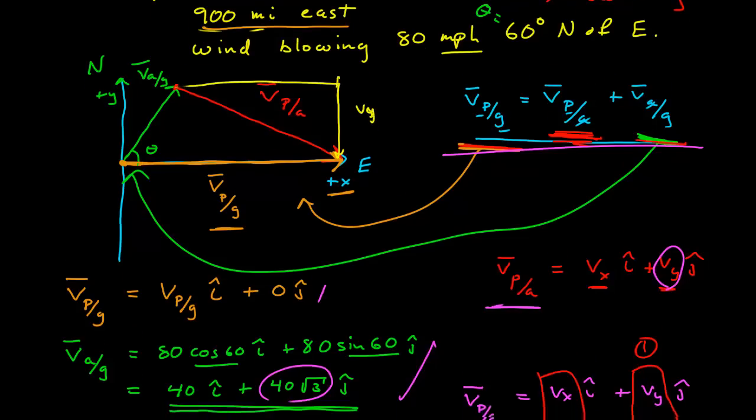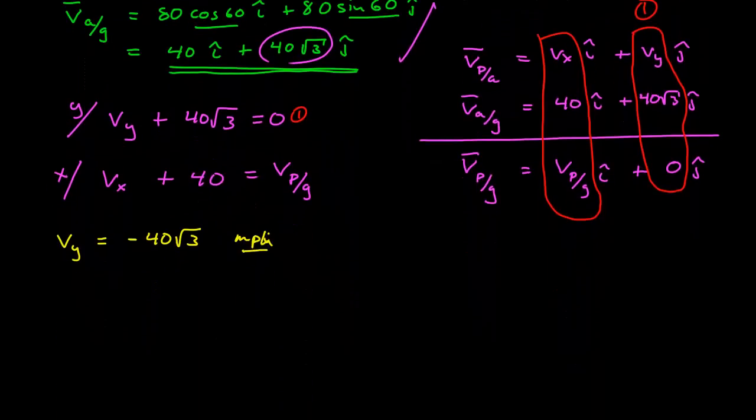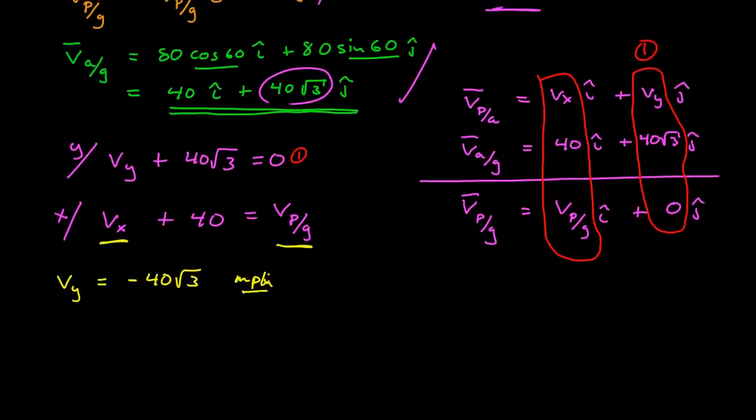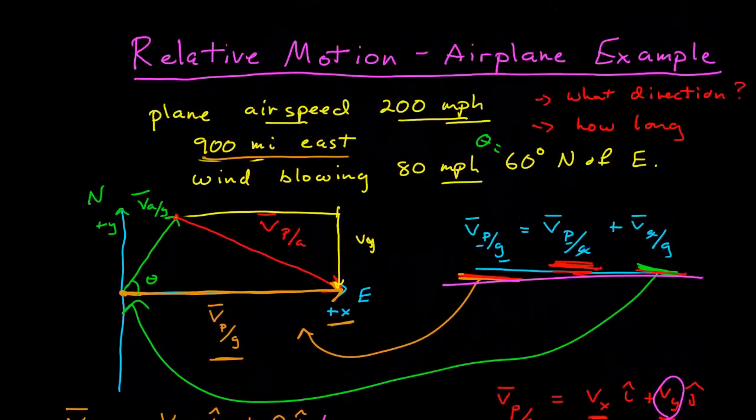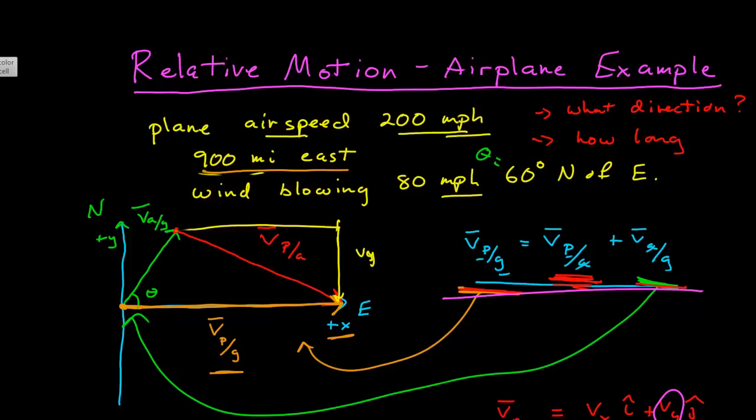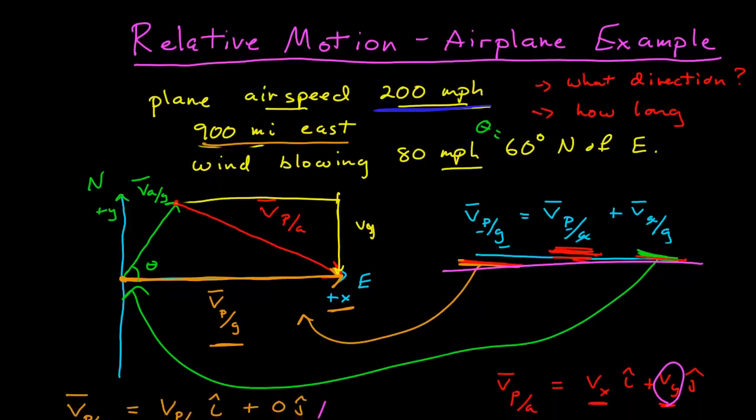Okay, so that's okay. So now I need the x component. Well, here's an equation for the x component, but the problem is I don't know this either. I don't know the speed, so that doesn't really help me. So I have to go back to my original problem. What other information do I know that I haven't used? One piece of information is that my plane airspeed is 200 miles per hour. So that's my speed.